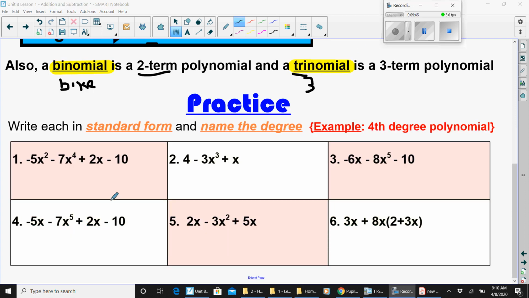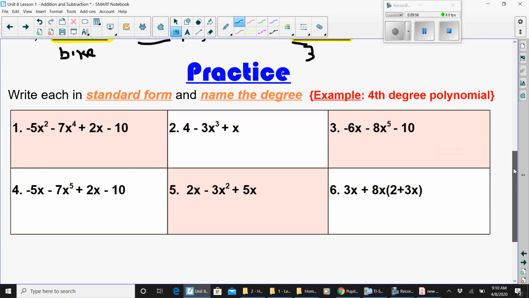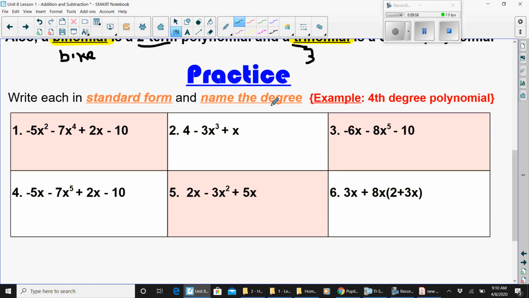I'll do a couple with you, and then you can go on and do the rest on your own. Let me move this up just a little bit. It says write each in standard form, and then name the degree. First we're going to name the polynomial.